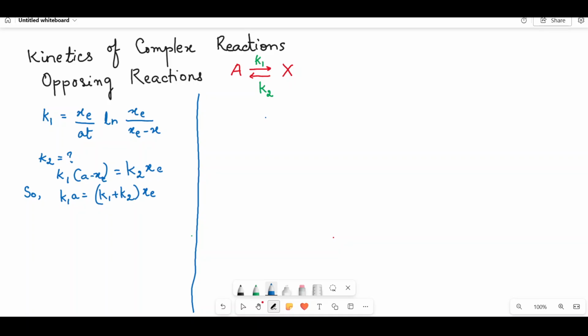Now this can be further written like this: K1 by K1 plus K2 is equal to Xe divided by A. Now we have the value of Xe by A. This value of Xe by A we can directly substitute over here.